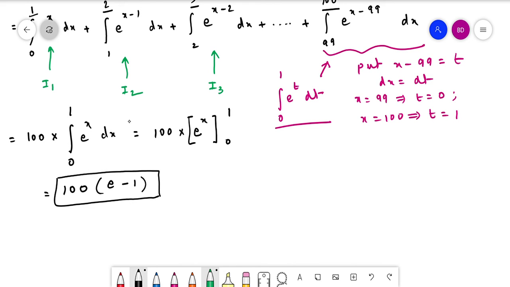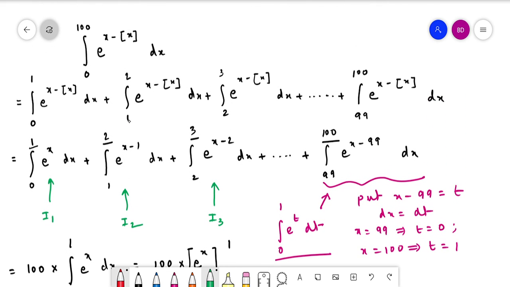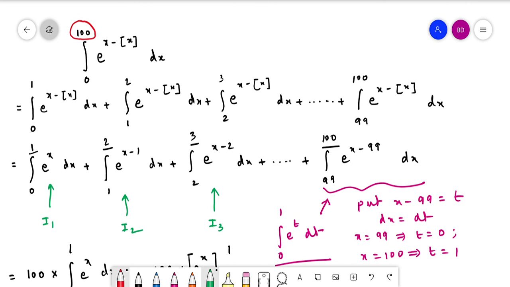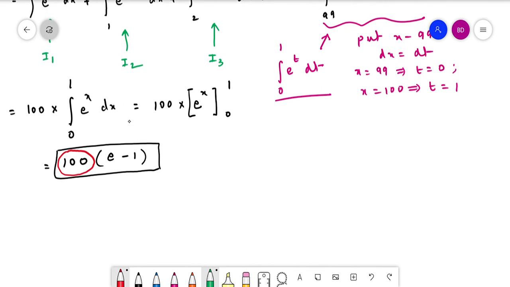Now note one thing, that is, you get 100 here because in the original sum the upper limit is 100. So in the original sum, if the upper limit is 1000 or 2000 or even 2021, you will get the same thing here. So this is generally true. So let me write it down.